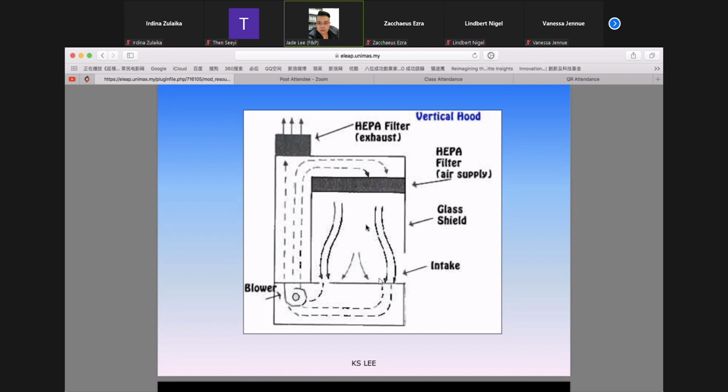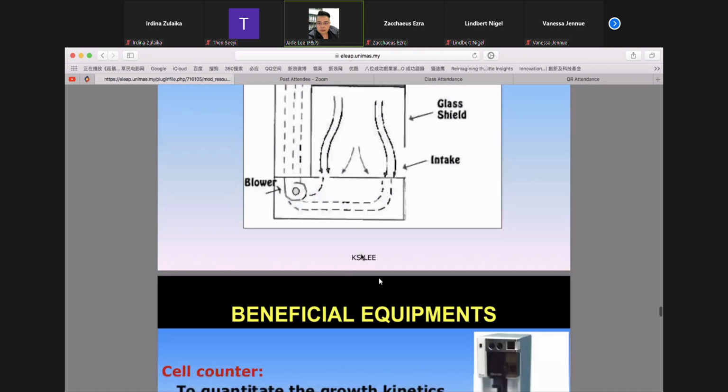And before it is blown towards the working area, there's another HEPA filter. So you can see the air does not go directly to the user, but goes down here. So this provides more safety to the user compared to the horizontal laminar flow hood.